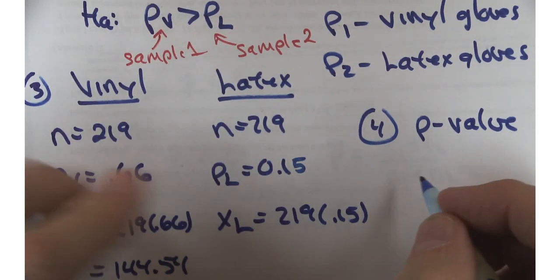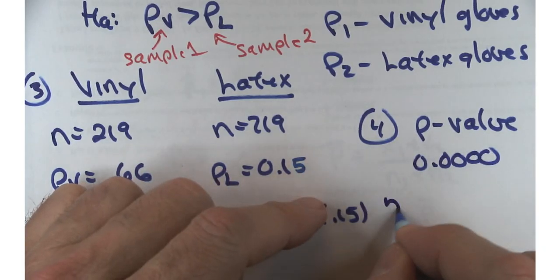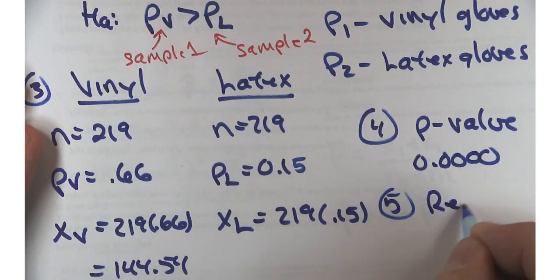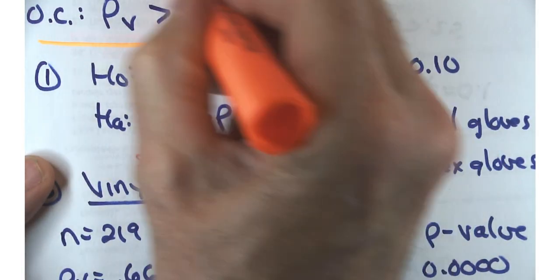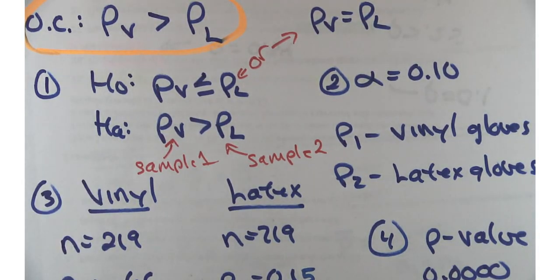So our p-value is 0.0000. And what's that say about H naught? Yeah, reject H naught. Now you can look back at your original claim. There's your original claim. Let's figure out how we're going to word our conclusion.